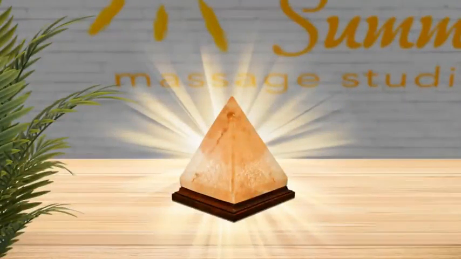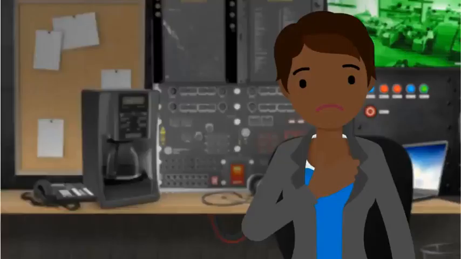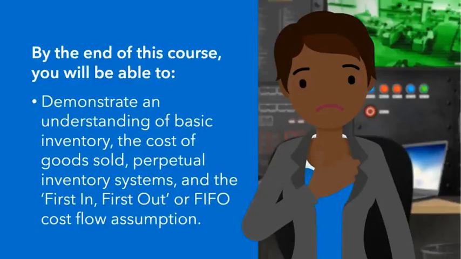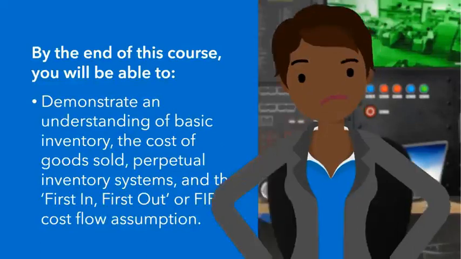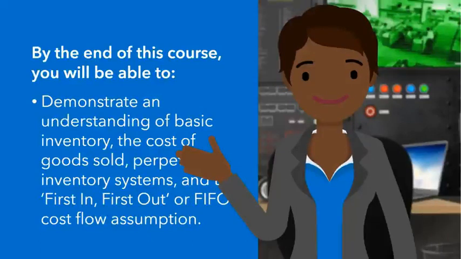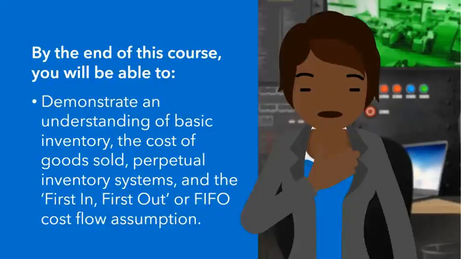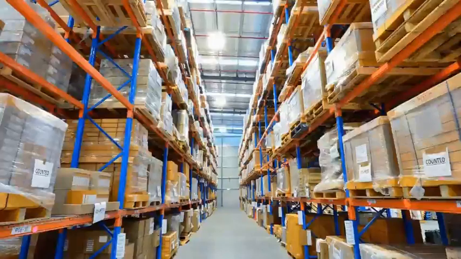And for salt lamps, far too much. It can result in additional unforeseen expenses and maybe even losses. Now, too little inventory, and you run the risk of creating very unhappy customers who just might decide to go somewhere else. So, let's jump into it and talk more about inventory, so I don't have to hear any more yelling from those two. Yeesh, salt lamps.